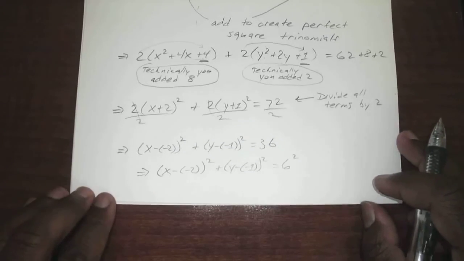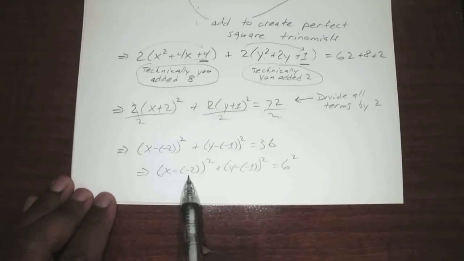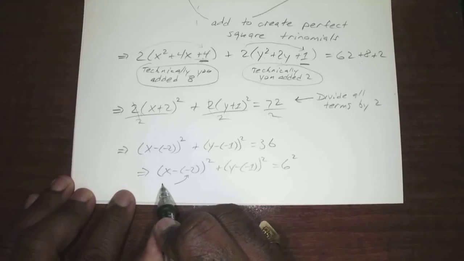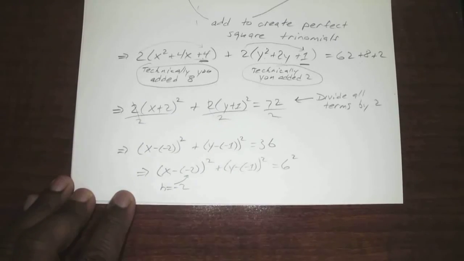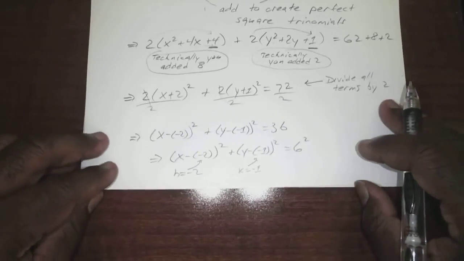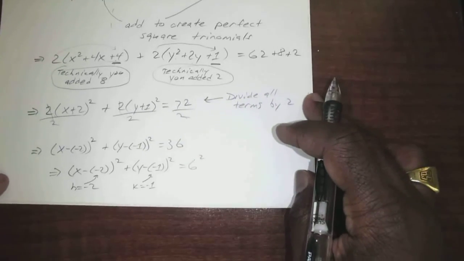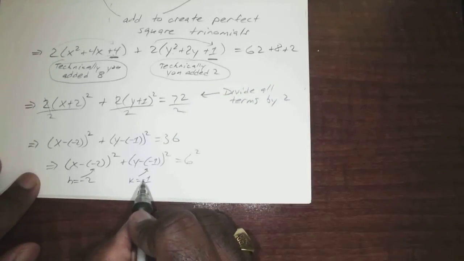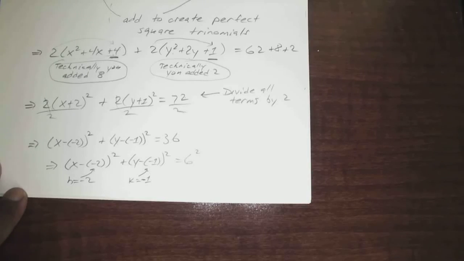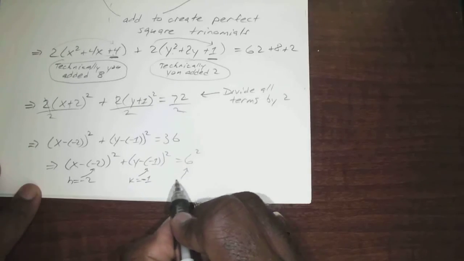Oops, straighten that up. We know our h is negative 2. Our k is negative 1. Oh, bring that up. I'm trying to get it out of the glare a little bit. And our radius is equal to 6.